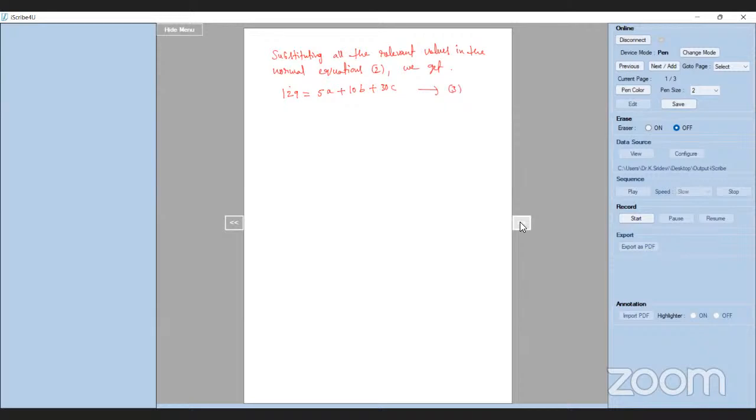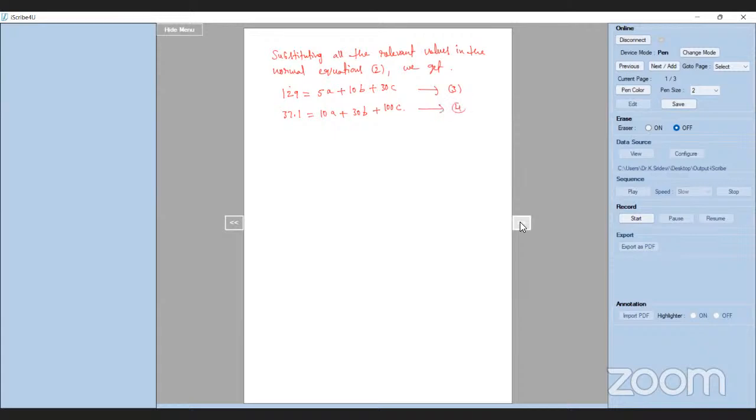According to the second normal equation, substituting the relevant values from the table, summation xy 37.1 is equal to A into summation x, that is 10A, B into summation x square 30B, C summation x cube 100C.